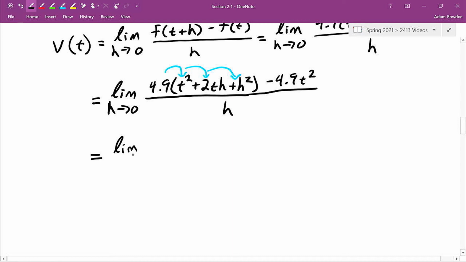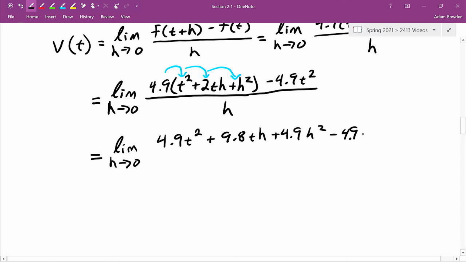So from there it'll change into the limit as h approaches 0 of 4.9 t squared plus 9.8 th plus 4.9 h squared minus 4.9 t squared all over h.